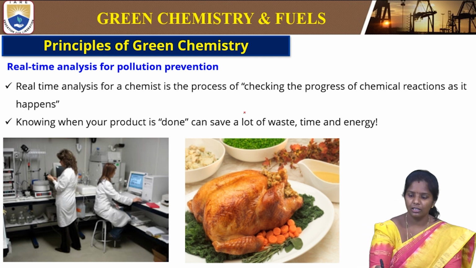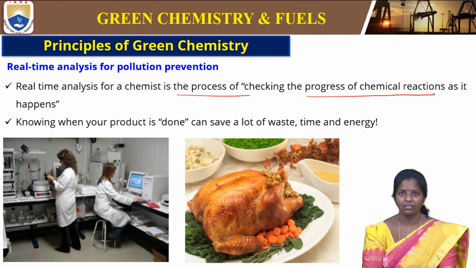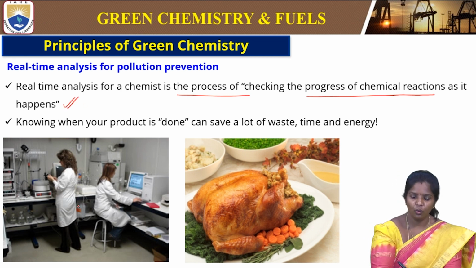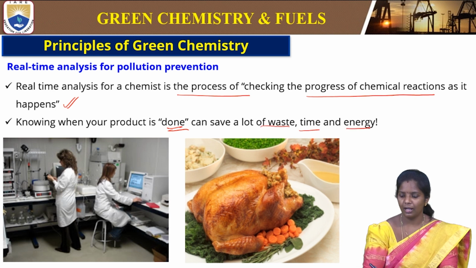For a chemist, it is a process for checking the progress of a chemical reaction as it happens, and knowing when your product is done can save a lot of waste, time and energy. For example, a timer for cooking helps us save a lot of wastage of food, time and energy.